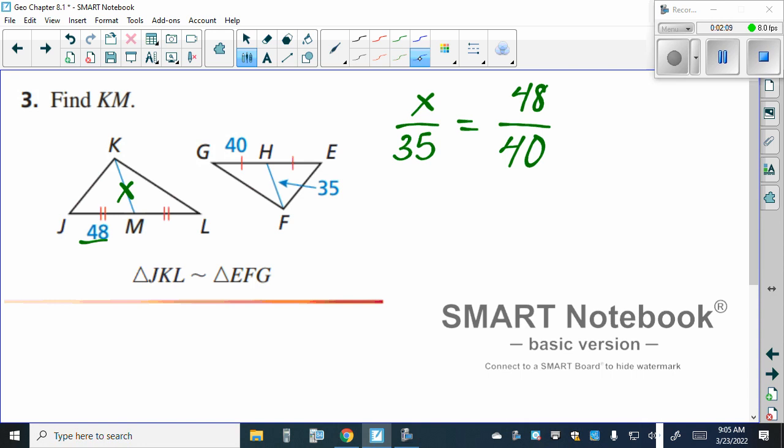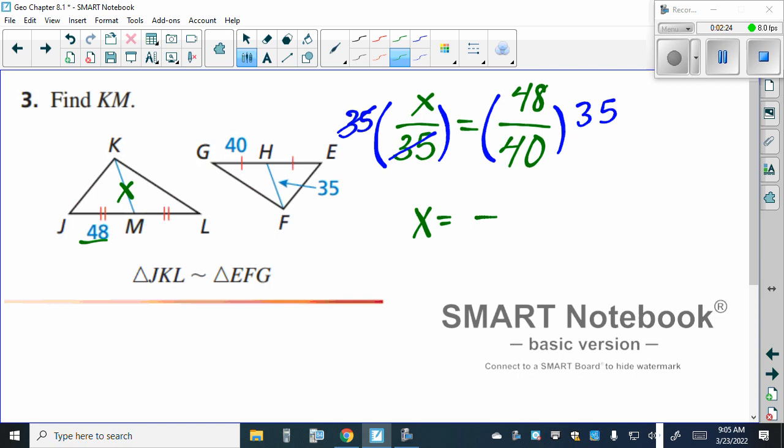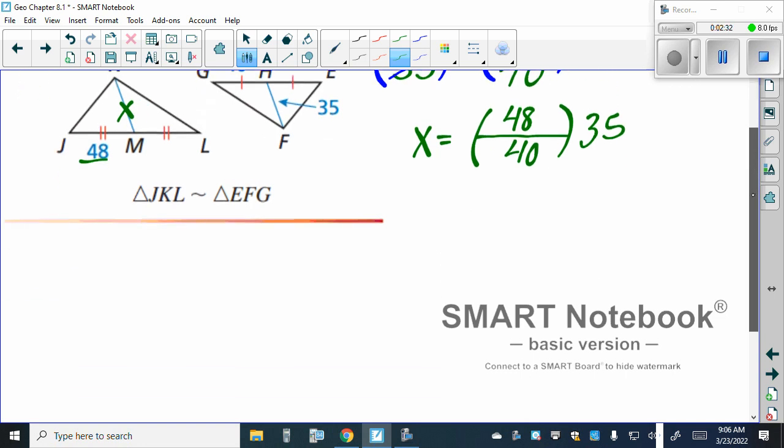Now, what did we do next? We would multiply both sides by 35. Because here the 35 and 35 would simplify, telling us x is equal to 48 over 40 times 35.